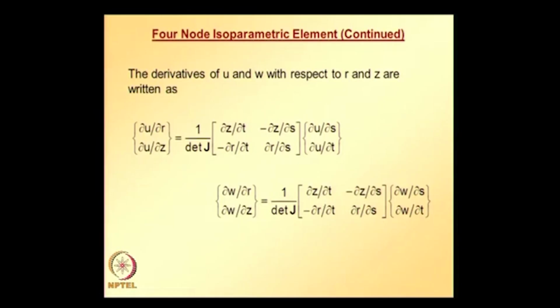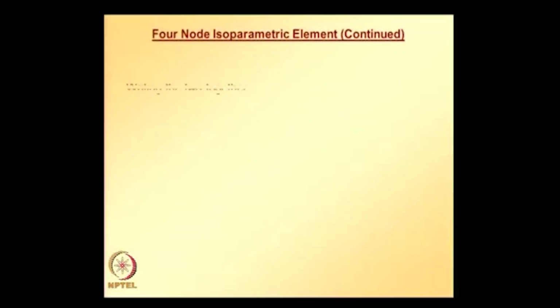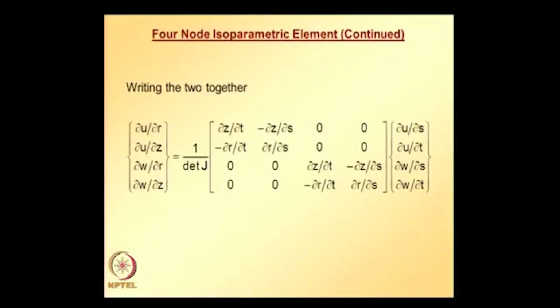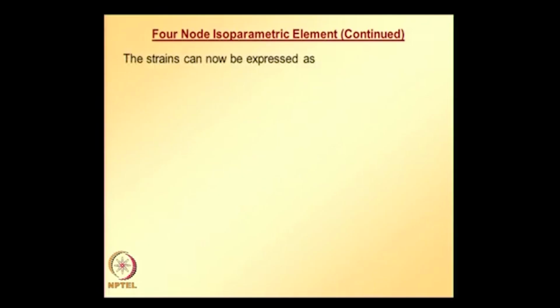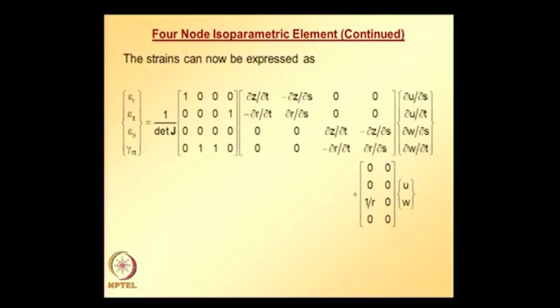Writing these two equations together, we get this equation, which we can substitute back into the equations we have seen for strains, replacing partial derivatives of displacements with respect to r and z by partial derivatives with respect to s and t, and rearrange it in this manner.